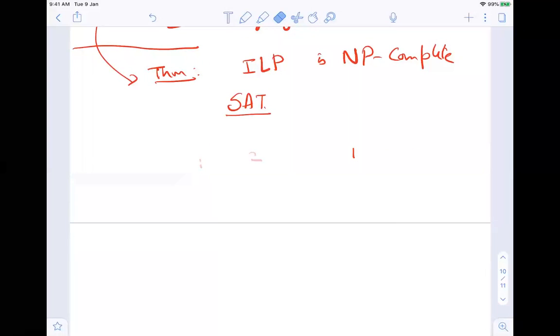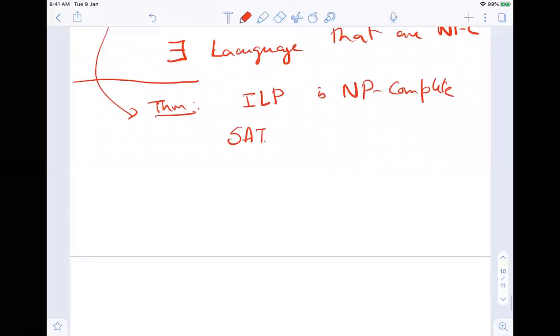So let me define SAT. It's a kind of important function that will come up here. SAT is basically a Boolean formula, but I will define a slightly easier one. It's called a CNF, a conjunctive normal form.